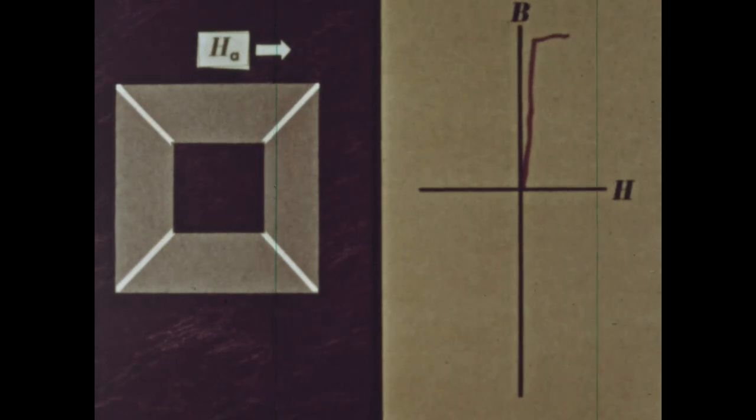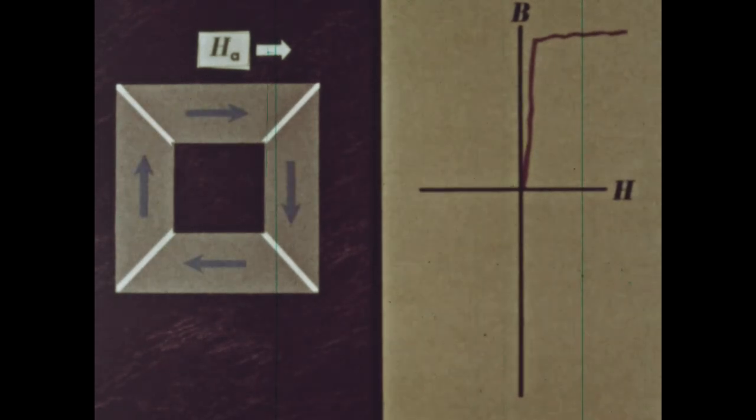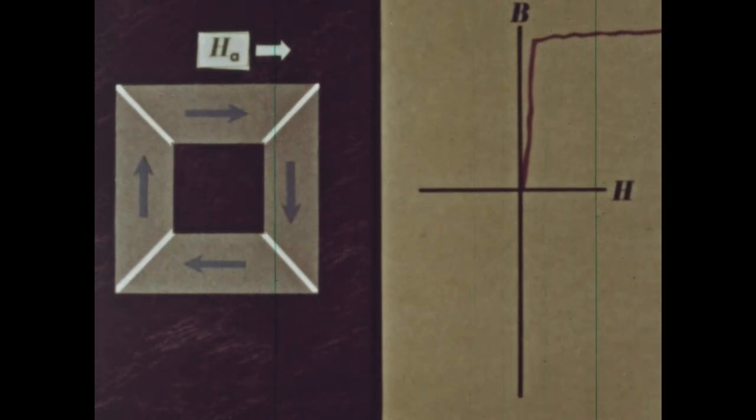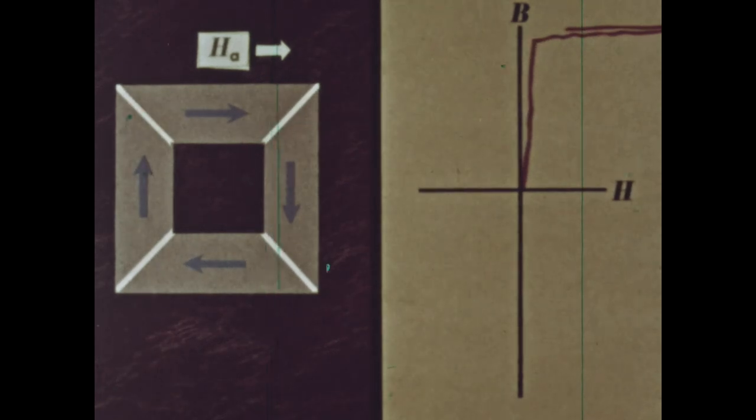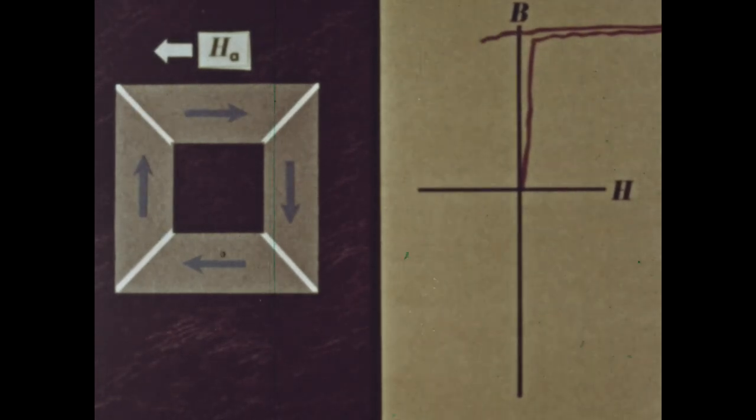The crystal now has only 4 domains, and the BH curve levels off, showing saturation. At this point, reducing the field to 0 has no effect on the domain structure, so we must apply a sufficient reversed field to create a new wall.